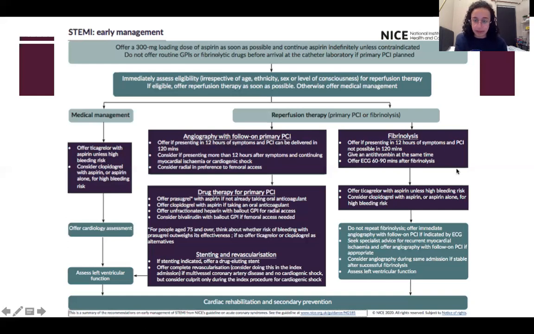But if you can't give PCI within 120 minutes, like if there isn't a cardiac center nearby, you would also give antithrombin, which isn't on this pathway. I would have a proper read of this. I think NICE guidelines are very helpful.